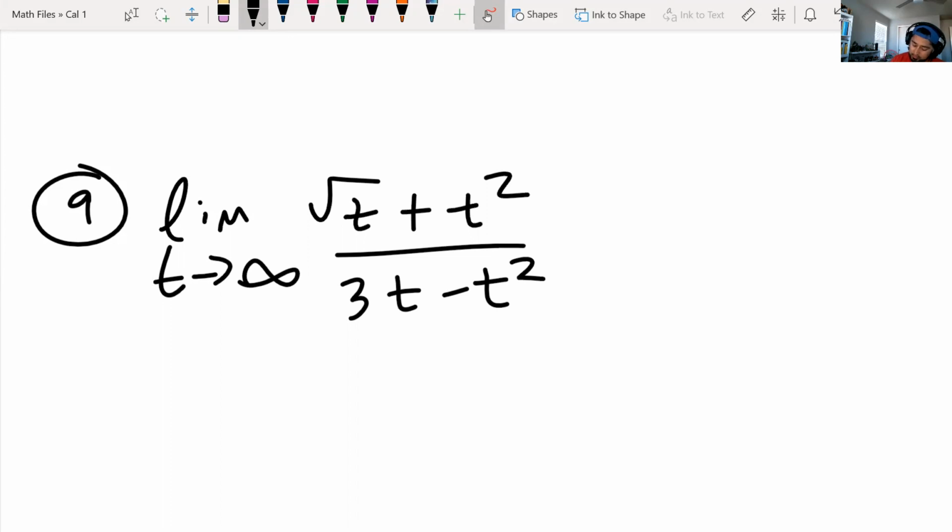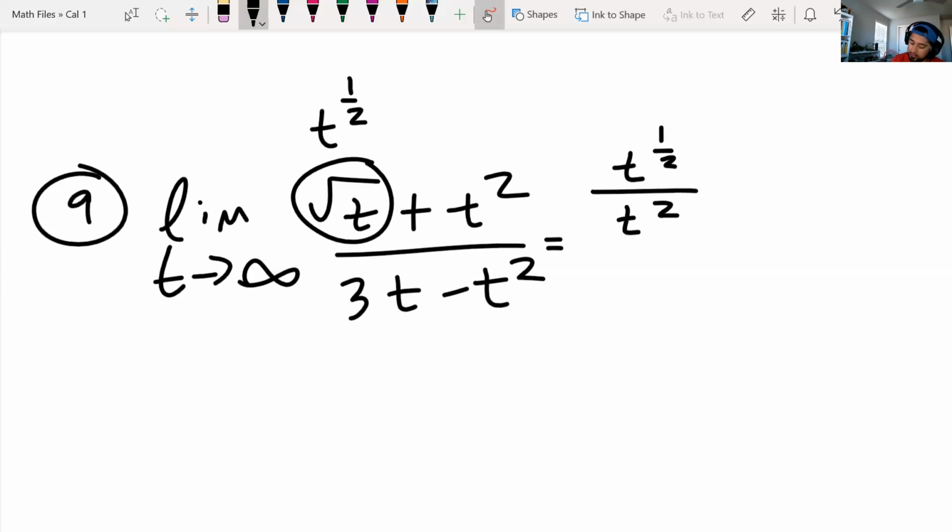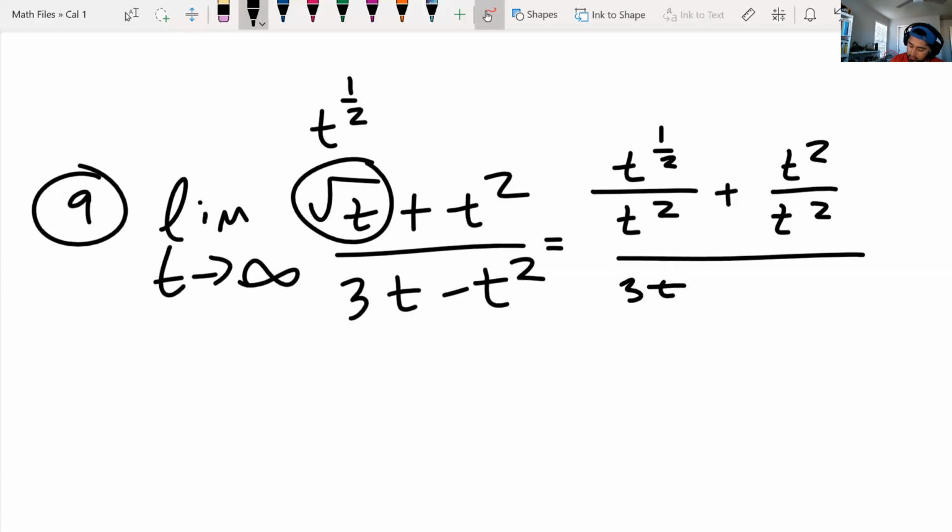It will be the square. Good. So first I'm going to rewrite this as t to the 1/2, right? You get t to the 1/2 over t squared plus t squared over t squared over 3t over t squared minus t squared over t squared.